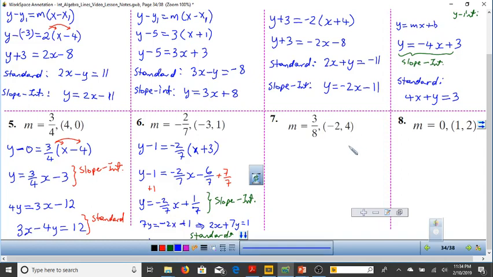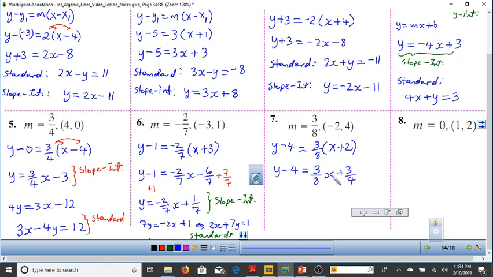Now we have this other example here. y minus y1 is equal to negative 3/8. No, not negative 3/8, positive 3/8. x minus x1. And when we distribute the parentheses, we get y minus 4 is equal to 3/8 x plus 3/4.